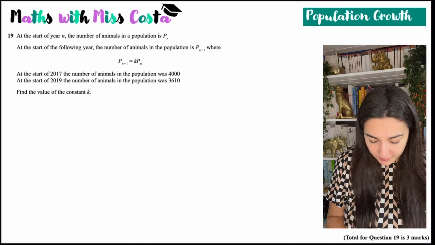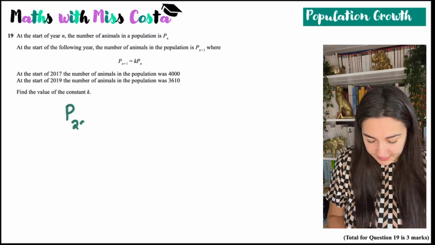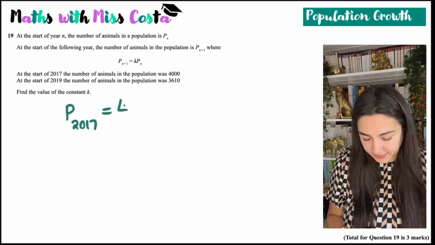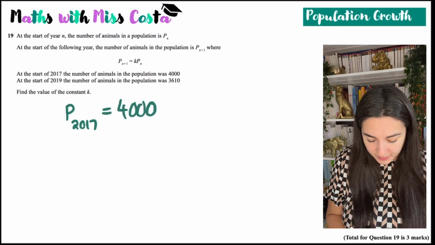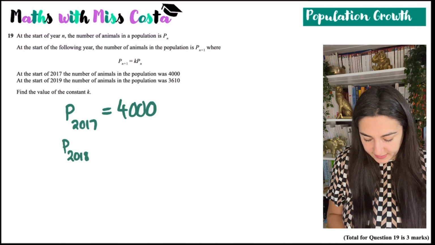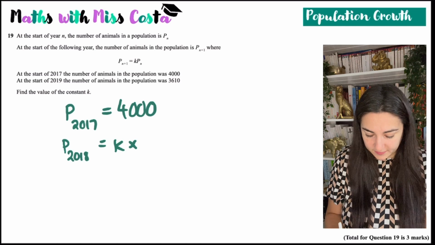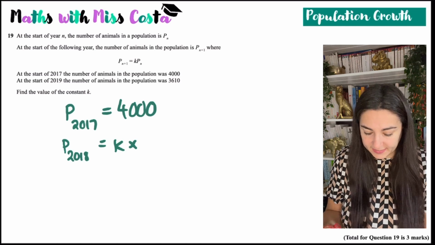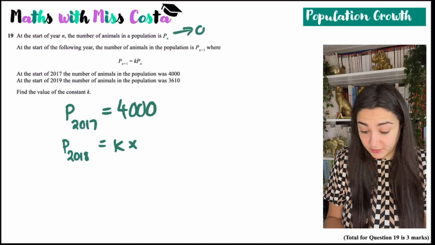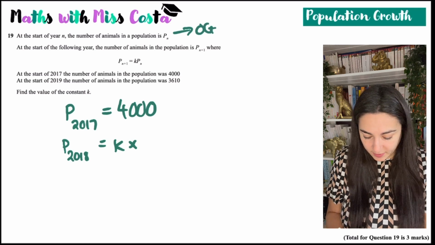Okay, so essentially we've got here the population in 2017 is 4,000. The population in 2018 is going to be K times Pn. So Pn is like the original population, the OG. Okay, so K times 4,000.